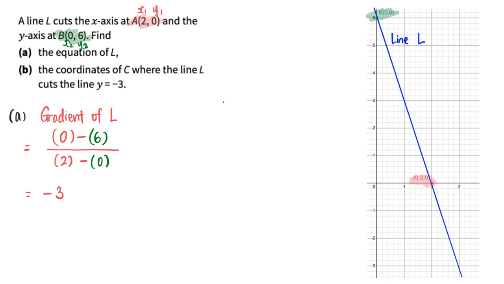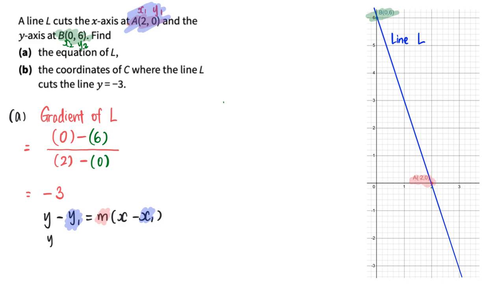And from here, all I have to do is to substitute one of the points into this formula: y minus y1 equals m bracket x minus x1, whereby m is my gradient. In this case, I am going to substitute my x1 and y1 into the formula. I'm going to choose point A. So you will see me substituting the values.